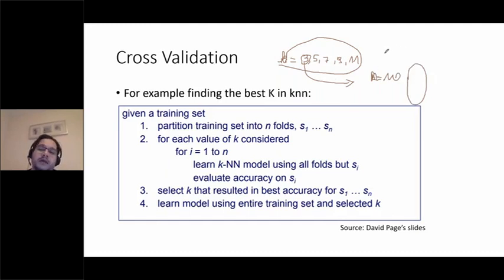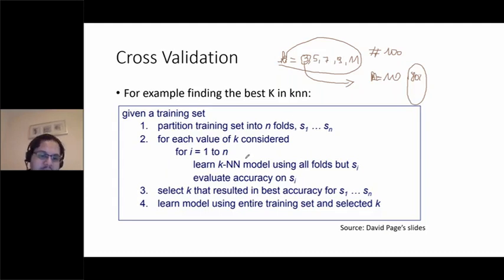For example, if we had 100 samples, we end up with an accuracy measure, let's say 80% for the first K. This means: learn the model using all folds except S_i, and evaluate accuracy on S_i.